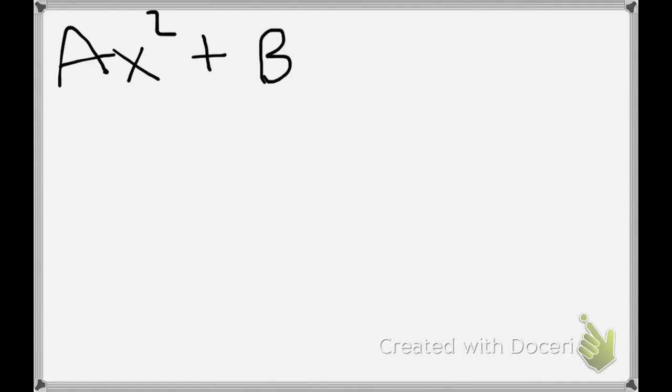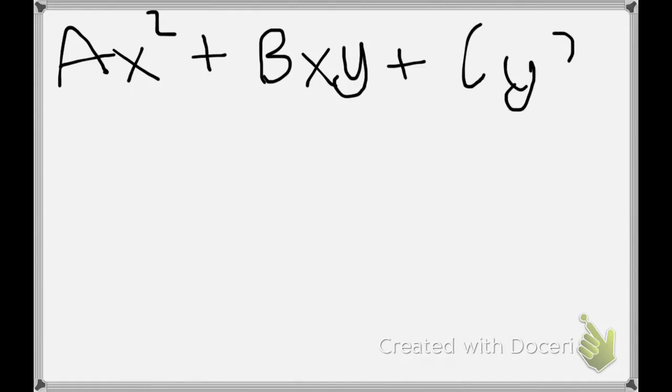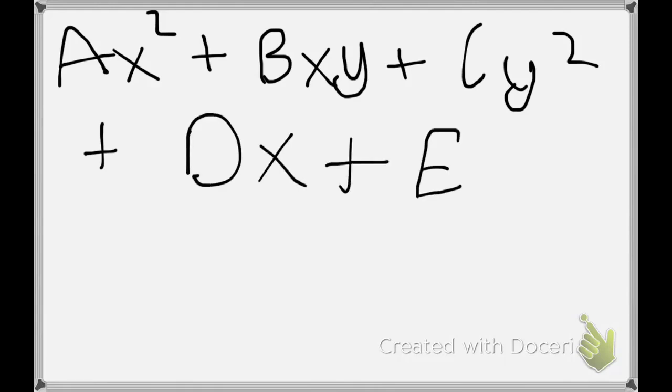The formula for rotating conics, the general form, is ax squared plus bxy plus cy squared plus dx plus ey plus f.